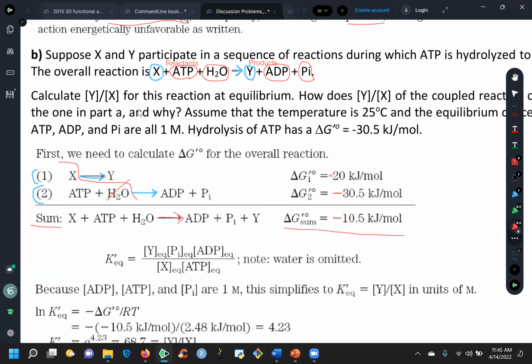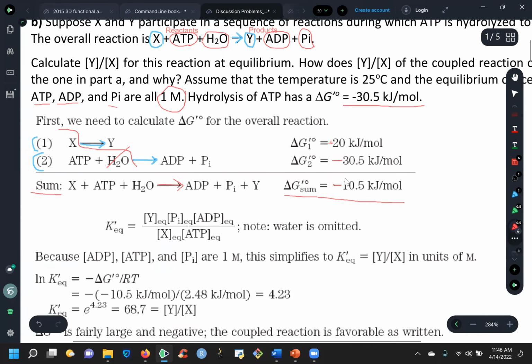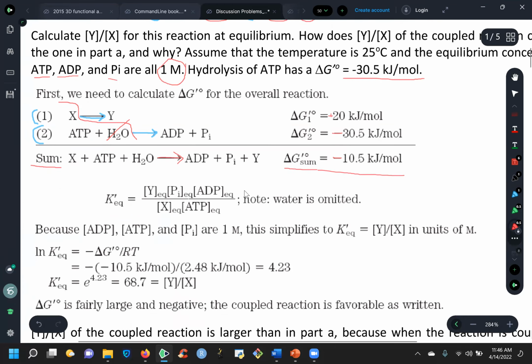If they say at equilibrium, then what they mean is that ATP, ADP, and phosphate are all at 1 molar concentration. And that's fantastic because it makes our math easier. So we like equilibrium math. Okay, so the next thing you do is you set up your equation.